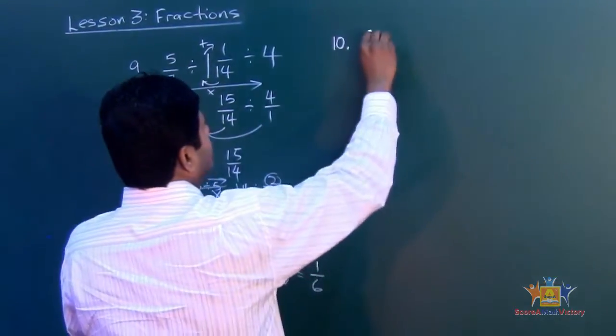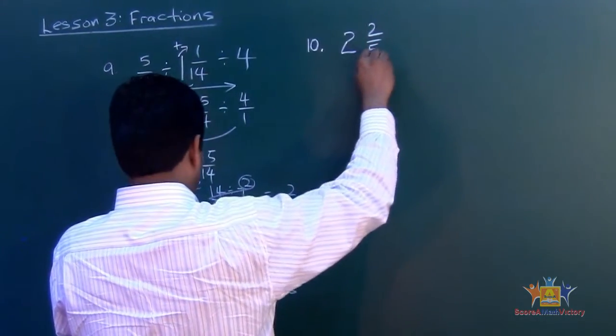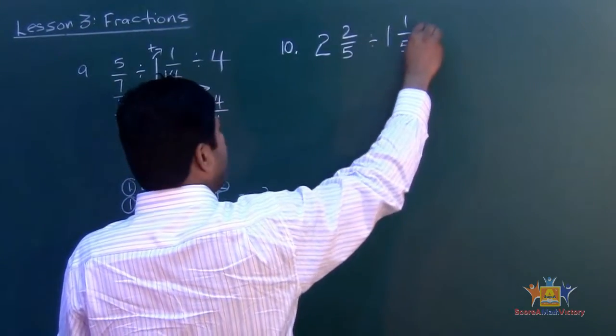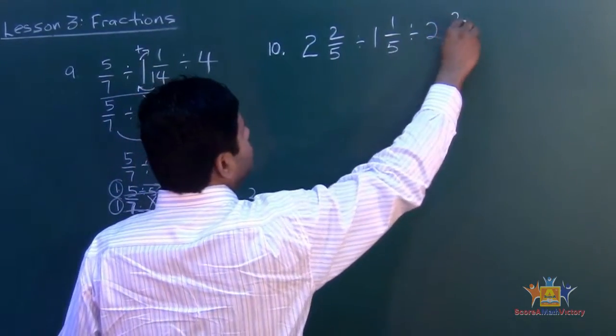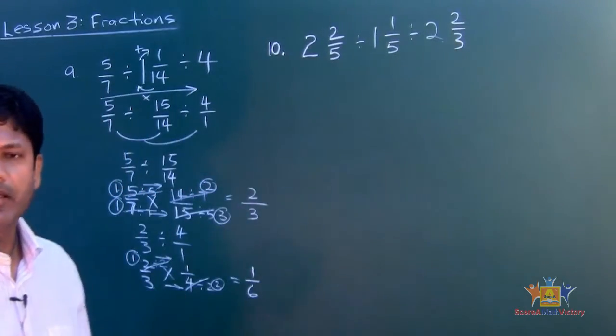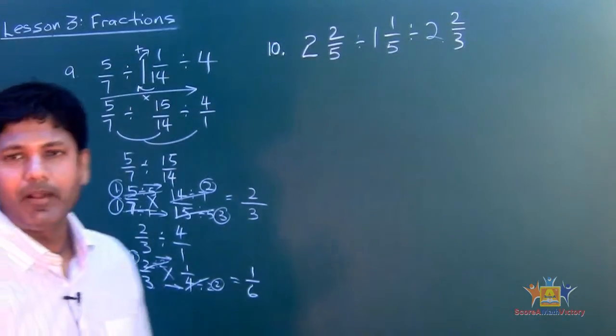So the question is 2 over 5 divided by 1 over 5 divided by 2 over 3. Should this problem intimidate you? It shouldn't. Why? That's a pretty easy problem.